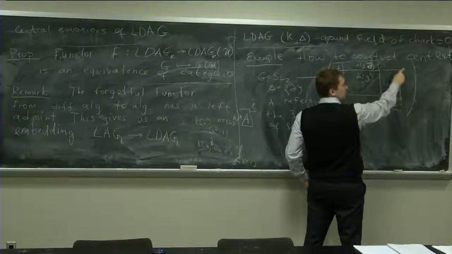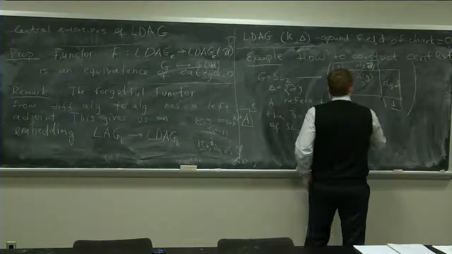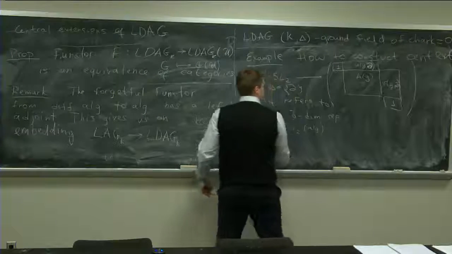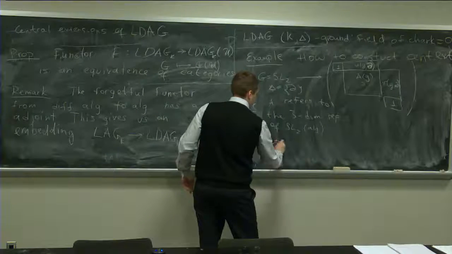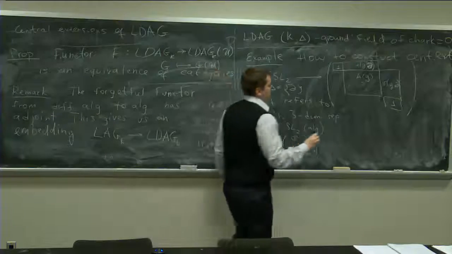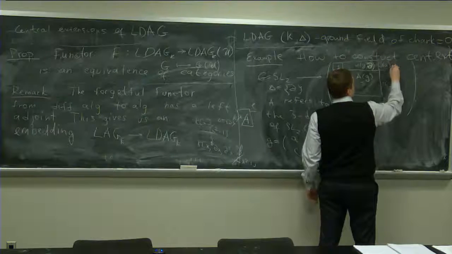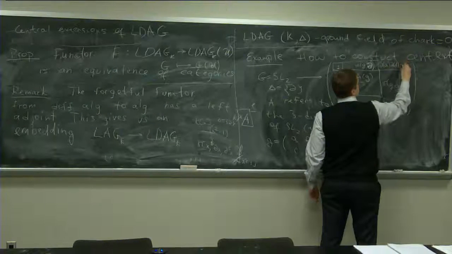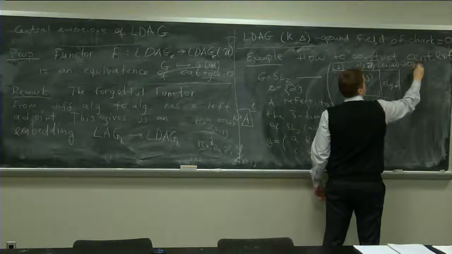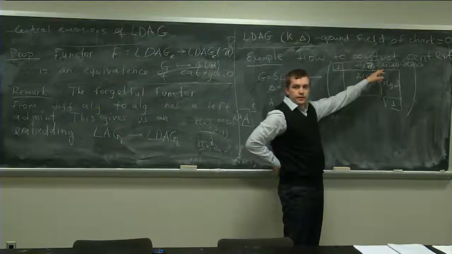Let me give you an example. If G is A, B, C, D, then partial A, partial D minus partial B, partial C. So this is what we have in the upper right corner.